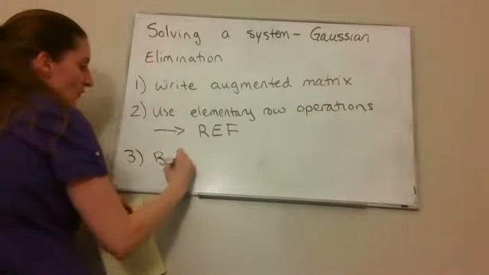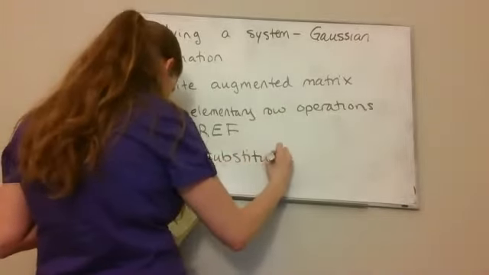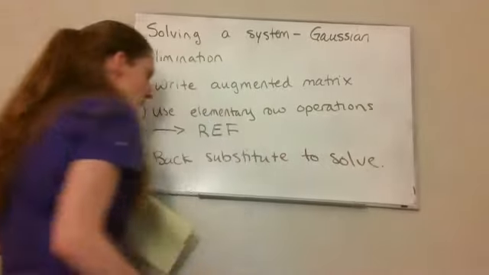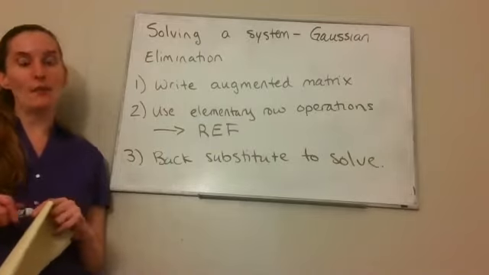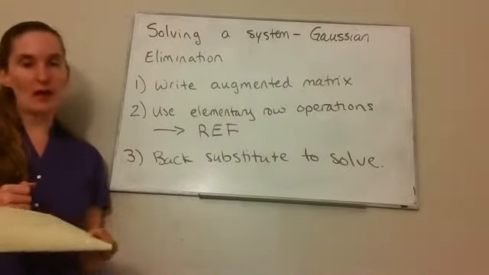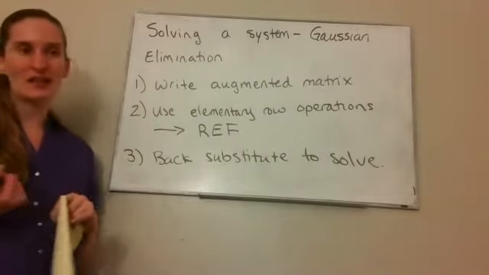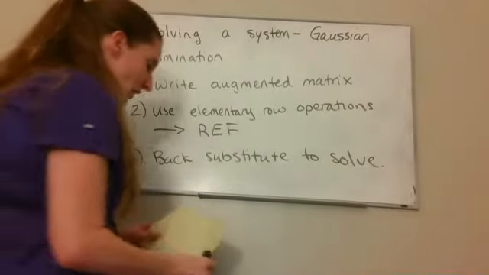Then, back substitute to solve the system. So you're going to take your system of equations, translate it to a matrix, use row operations to put it in this row echelon form, and then translate it back into equations so that you can back substitute. Let's do an example of that.